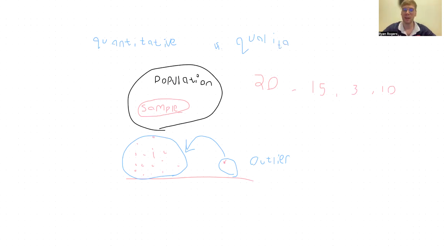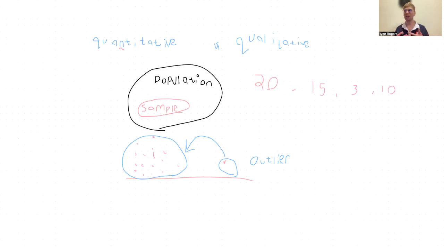So quantitative is numbers, okay? Quantity. The way I remember it's numbers is you see this N right here? N also has numbers, right? So the 20 push-ups, 15 push-ups, that is quantitative, okay? Qualitative would be what's your favorite food, right?